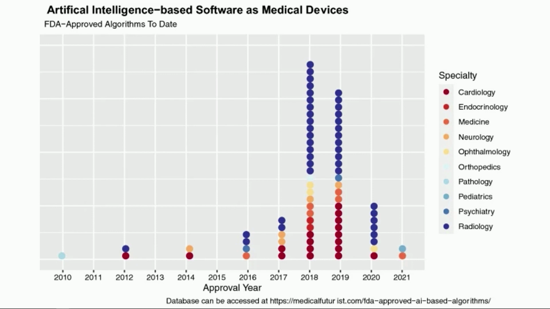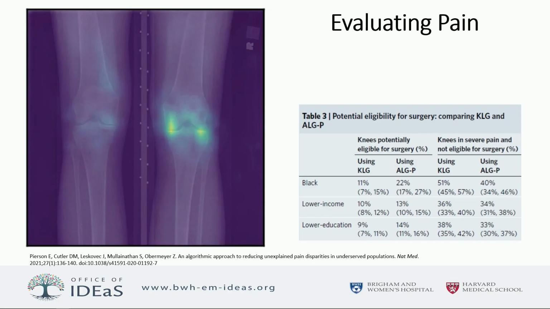And so I want to give you a concrete example of how you can use AI to improve health equity. We all know that people perceive pain differently, and we know that the way that we choose patients for interventions sometimes hasn't changed in years.